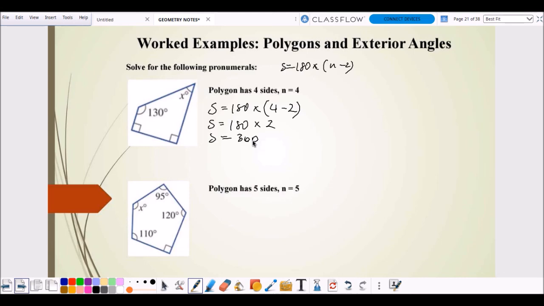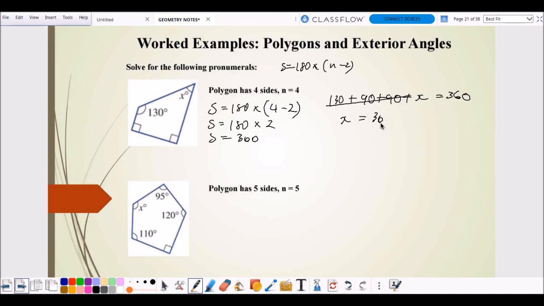So if you go 130 plus 90 plus 90 plus x, it should equal 360. Isolate the x by making all of these minuses.